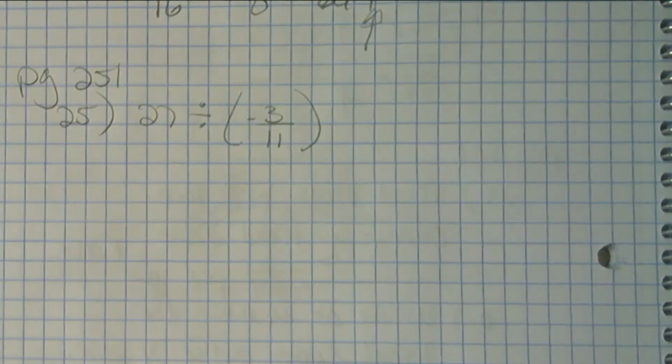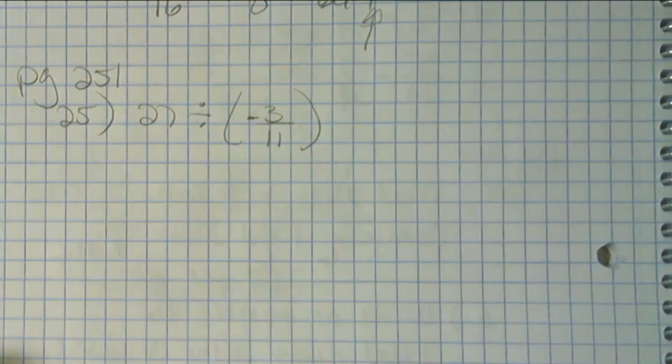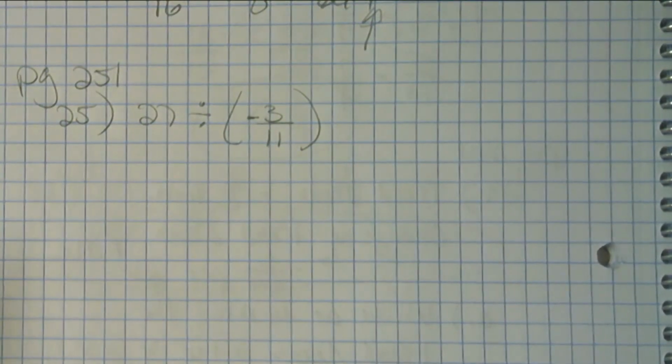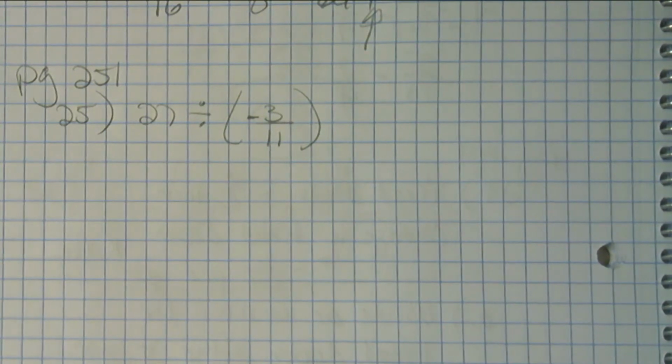Anytime we are dividing with a fraction, I don't ever want to divide with a fraction. We always have to multiply. What's up? I'm sorry? Page 251, number 25 is this. 28 is this one. 28 is the bookmark one. Okay, so 28.